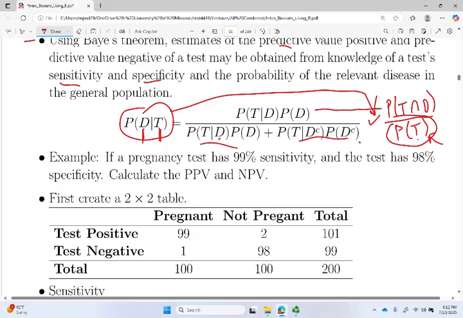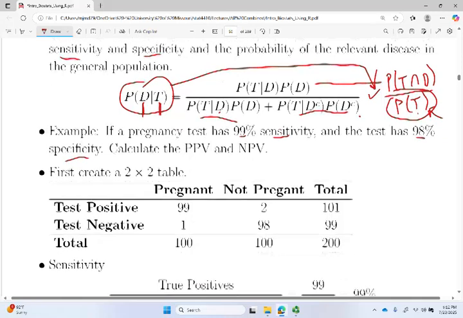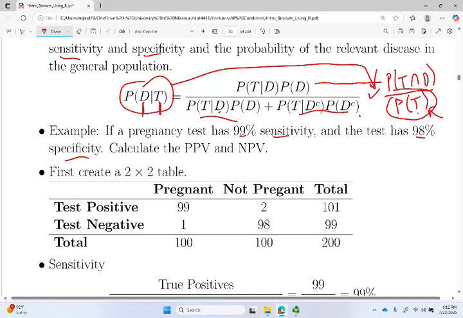So let's say a pregnancy test has 99% sensitivity and 98% specificity. Now, don't forget, sensitivity means given those that are really pregnant, the test says you're pregnant 99% of the time, correctly.